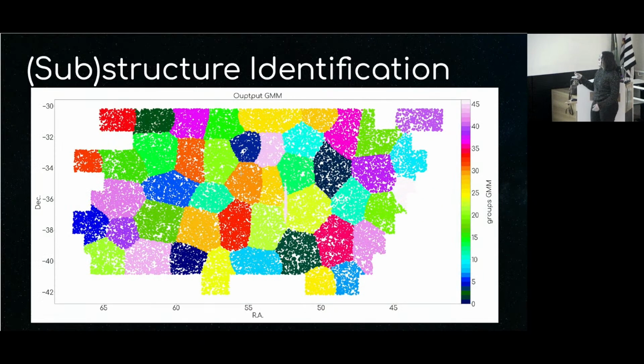And well, this is Fornax, and in the case of Fornax, we have a problem because it's a very big catalog and area. Yesterday, I performed a test in order to see if the clustering algorithms could identify different structures in Fornax.